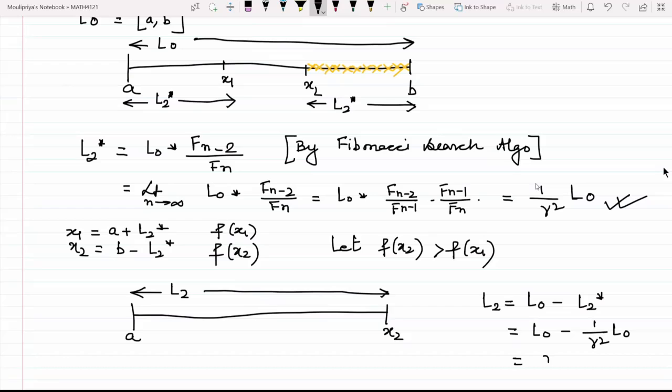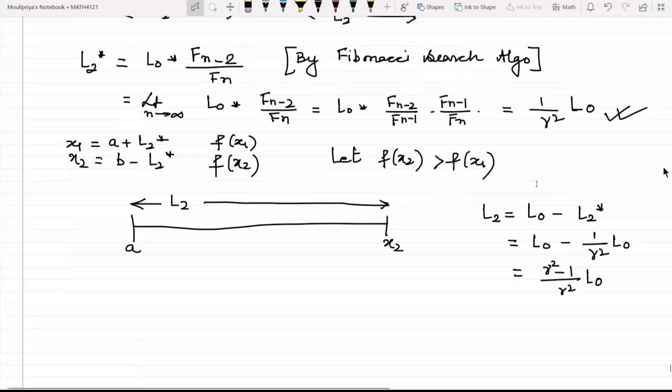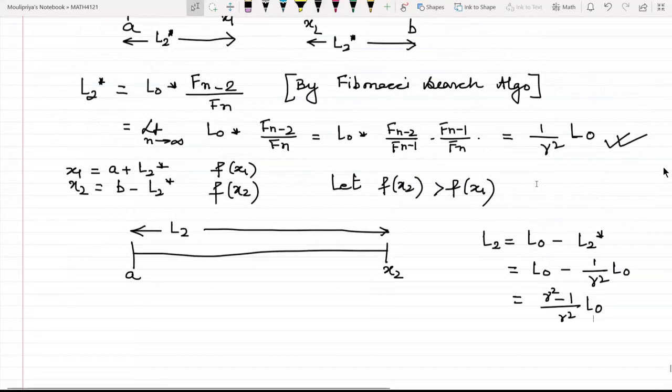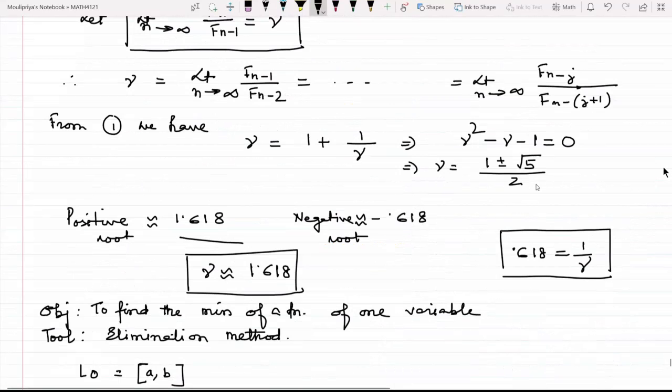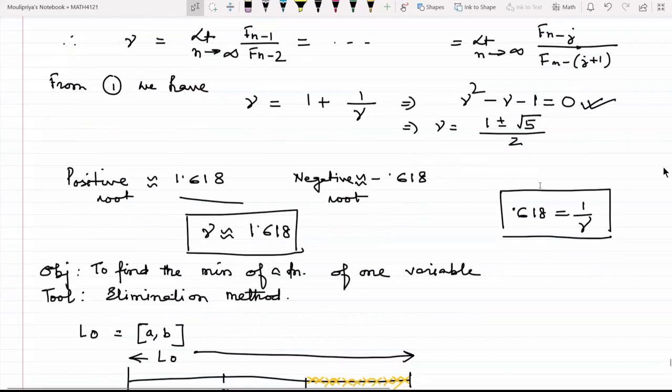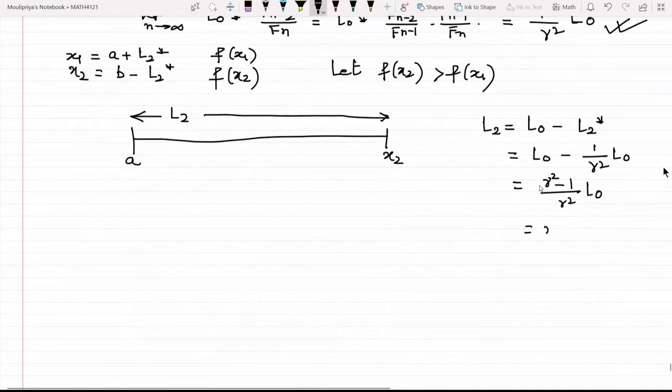That is equal to gamma square minus 1 by gamma square into L0. Am I okay with my calculations? Now, what is gamma square minus 1? From this quadratic, gamma square minus 1 is equal to gamma, so it is gamma by gamma square L0, which is actually 1 by gamma L0. Okay?